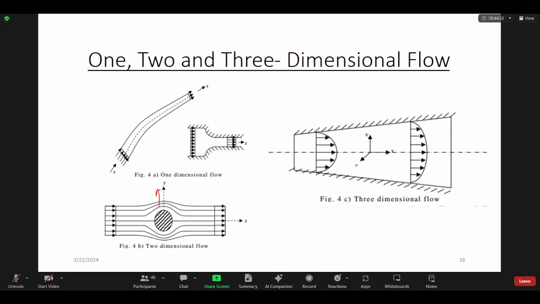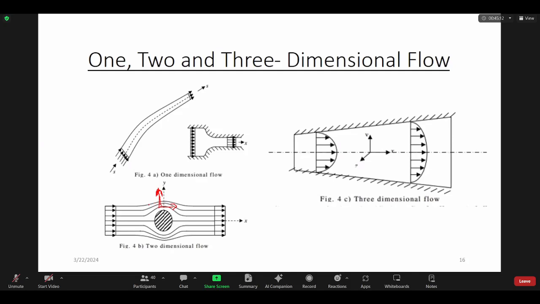The velocity can change in this direction and this direction, according to this obstruction. The cross-sectional area also changes due to this situation.